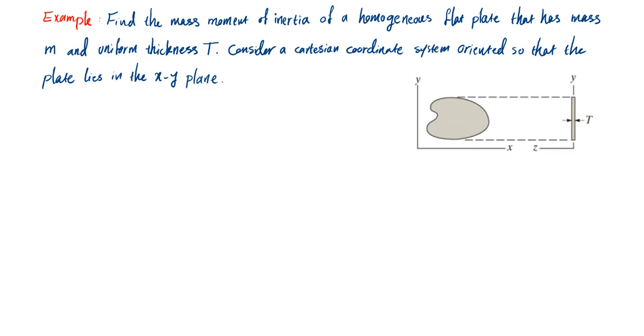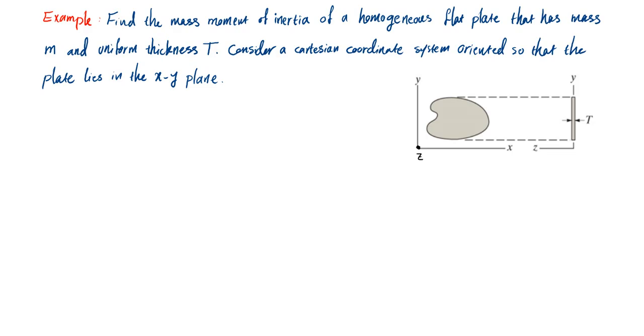Now, considering this Cartesian coordinate system, I'm asked to find mass moments of inertia. Now, here we have three axes, right? We have x-axis, we have y-axis, and we have z-axis here coming out of the screen. So we have three axes, which means we can find three moments of inertia.